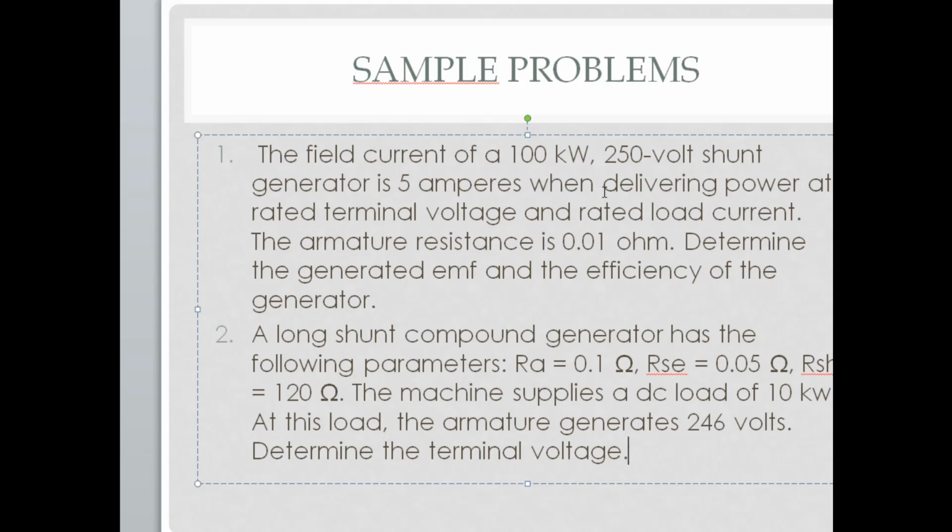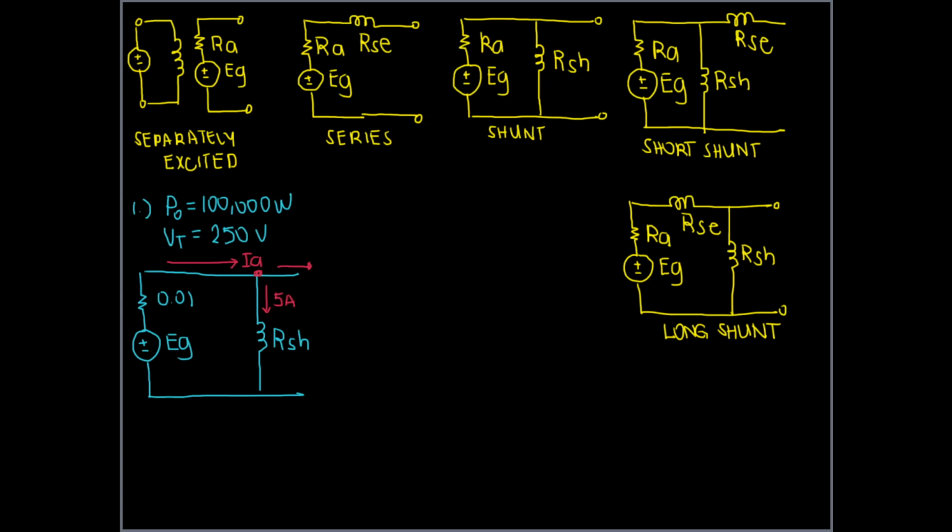We were also told that it's delivering power at rated terminal voltage and rated load current. So what does that mean? It means that if you are supplying a load of rated values, that load has a power consumption equal to the nameplate rating of the generator.